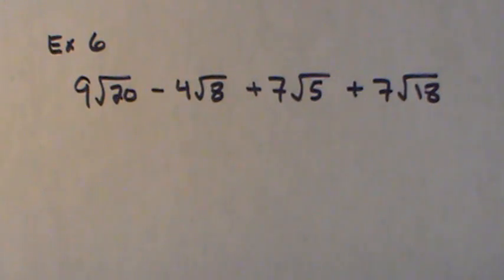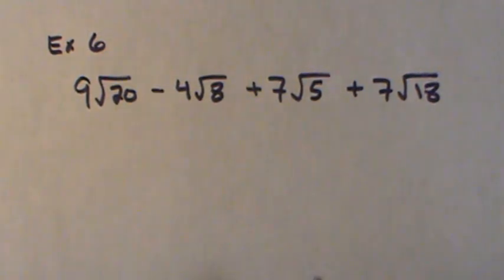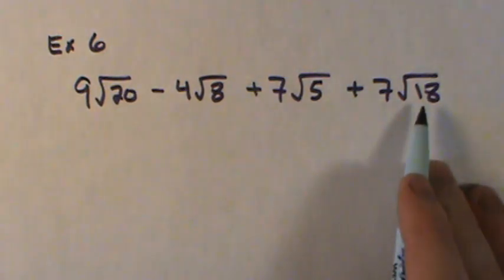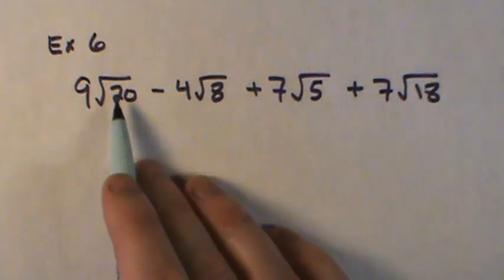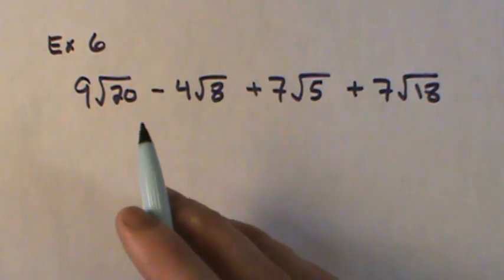Hopefully you're starting to get the trend here, understand what's going on. We look at the radicals, we see they're all different, so I can't add or subtract them. However, I have a sneaky suspicion that several of these can be broken down. So the 20 is 4 times 5, which could be 2 squared 5 under a radical.